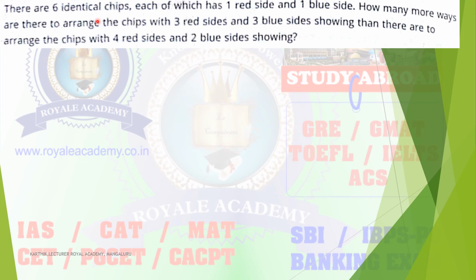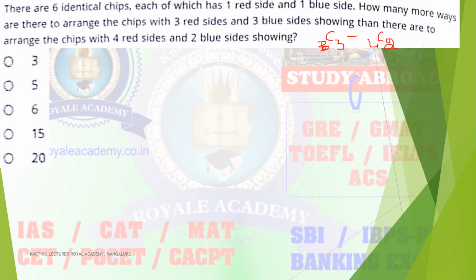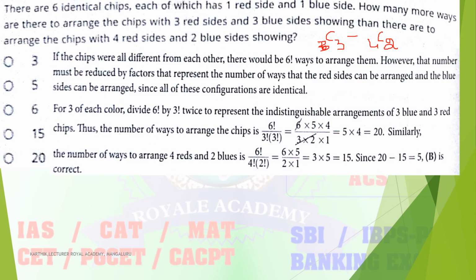Total 6 is there. How many more ways? So you have to subtract. The arrangement with 3 minus the arrangement with 4, that you have to subtract and find the answer. That is the final answer.